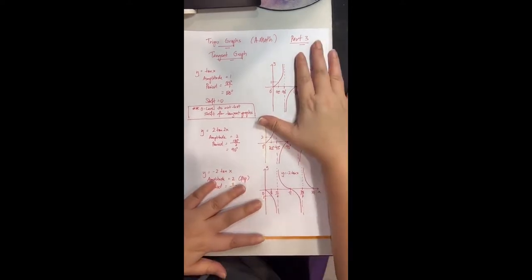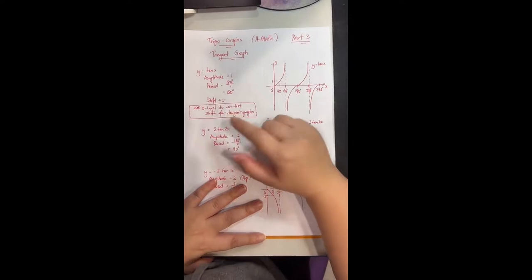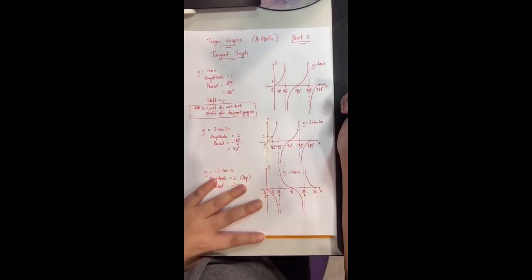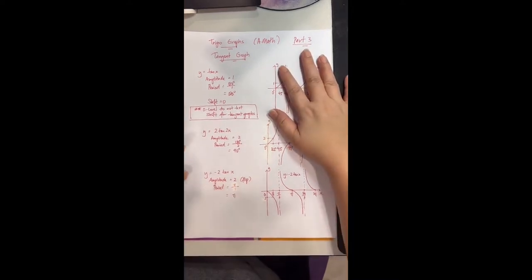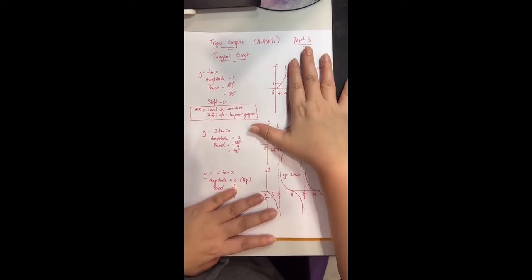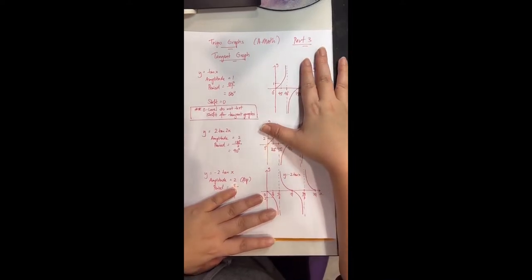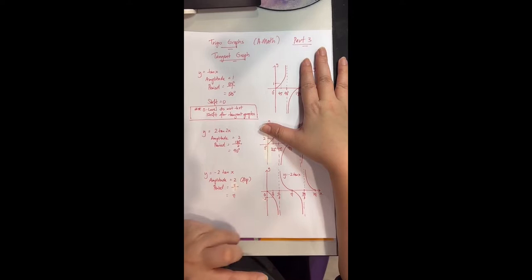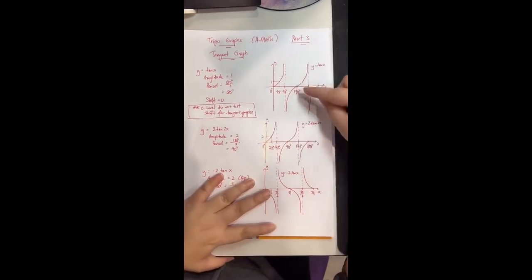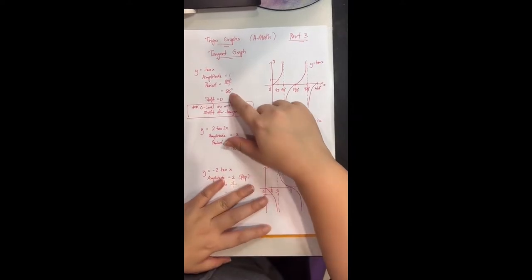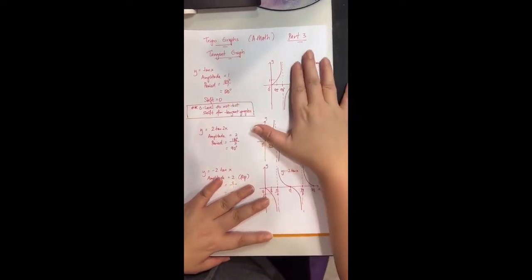Okay, let's continue. I know that my tangent graph one period is 180, so we will draw 180.